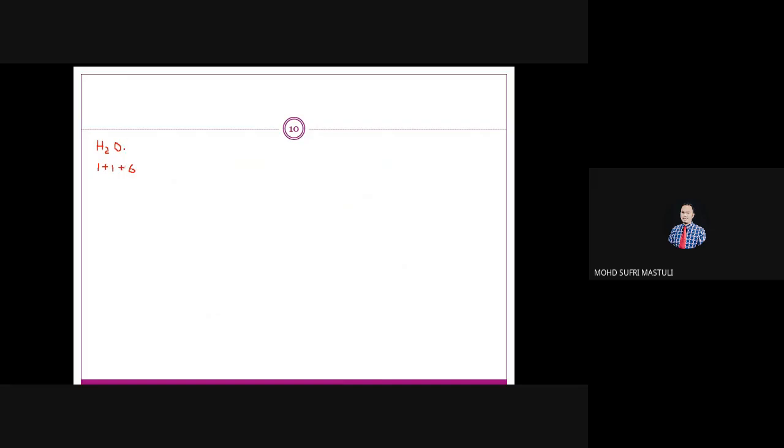So the total number of valence electrons for all atoms in this molecule is 8.